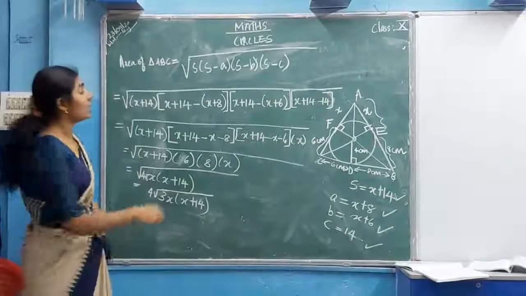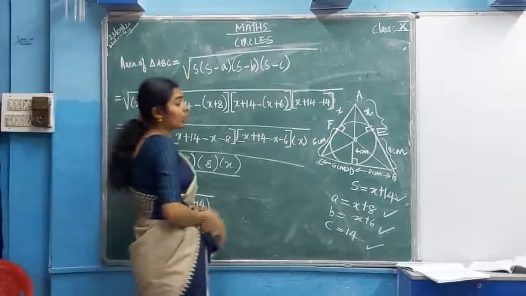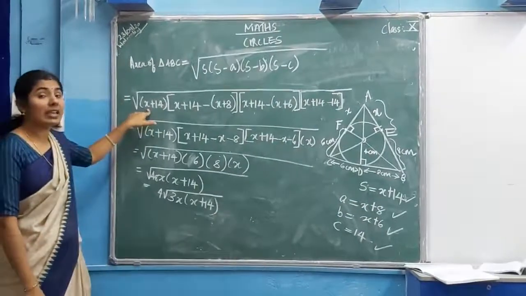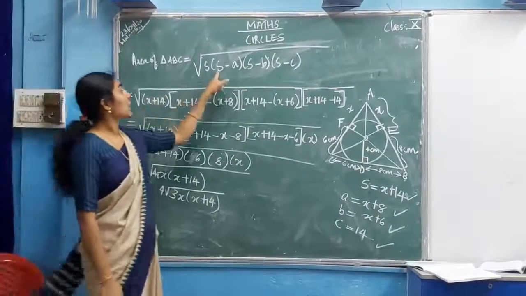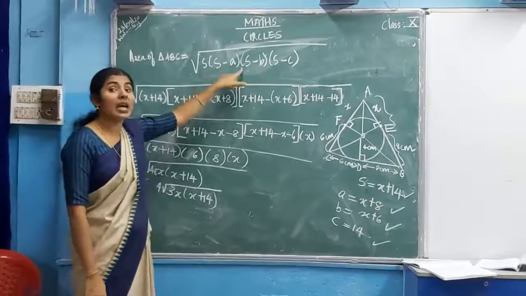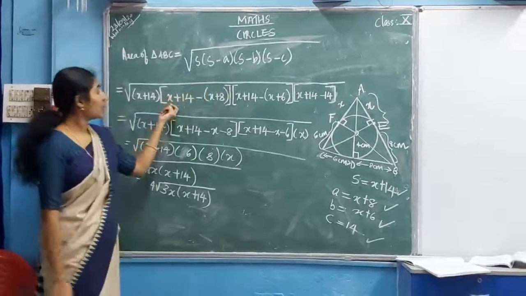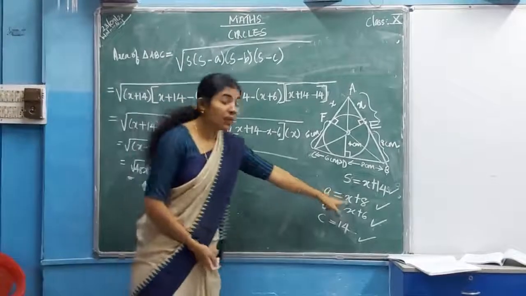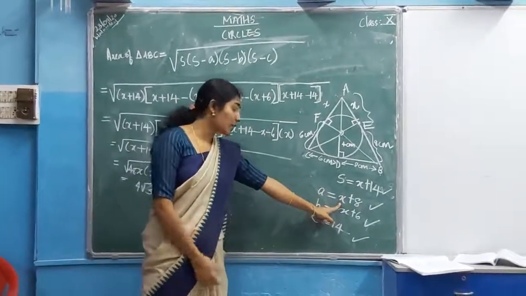So what will you get? Instead of writing s, you should give x plus 14. See here, s is x plus 14. Next you see s minus a. What is that? x plus 14 minus of x plus 8. Here a is x plus 8.